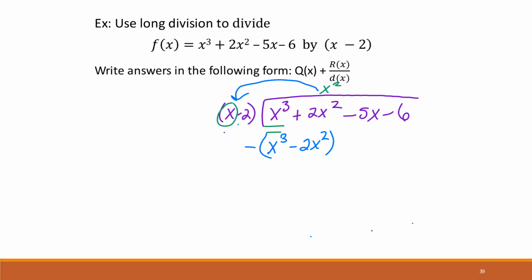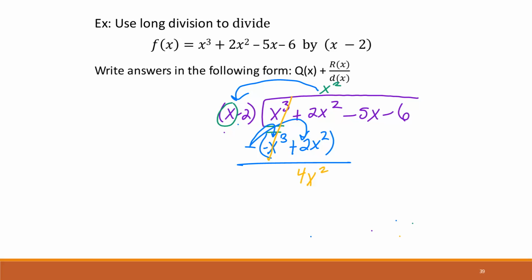When we use subtraction here, we're distributing that subtraction to both terms. So this is going to become negative and this is going to become positive. Our x cubes cancel and we're left with 2x squared plus 2x squared right here. So we get 4x squared.